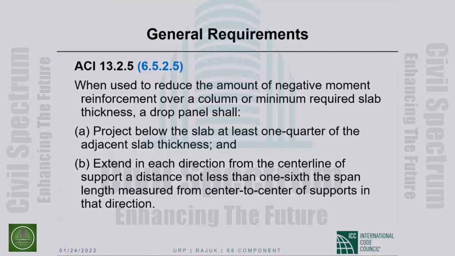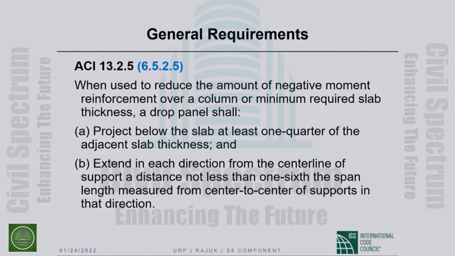Okay. And the drop panel must extend in each direction from the central line of the support a distance not less than 1/6 the span length measured from center to center of supports in that direction. The details aside, the point is that the minimum thickness of the drop panel is given, and the drop panel must extend into the spans for a certain distance.